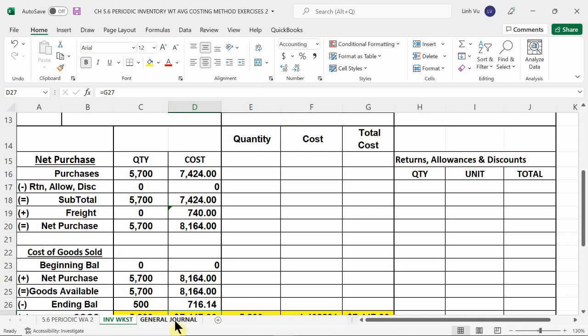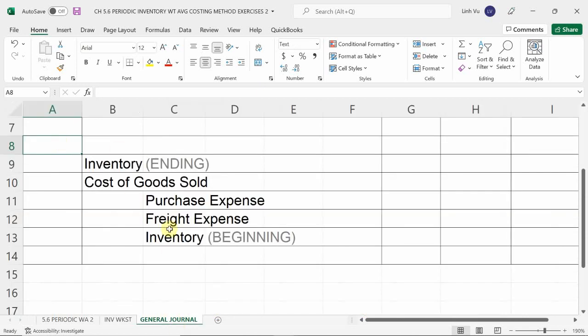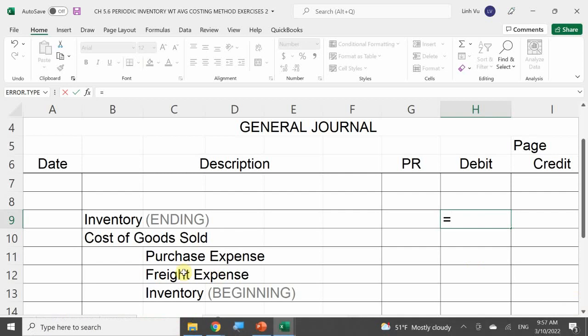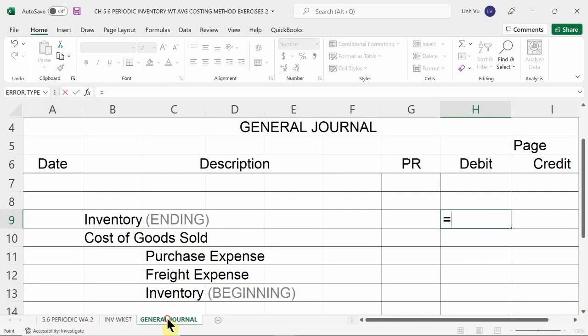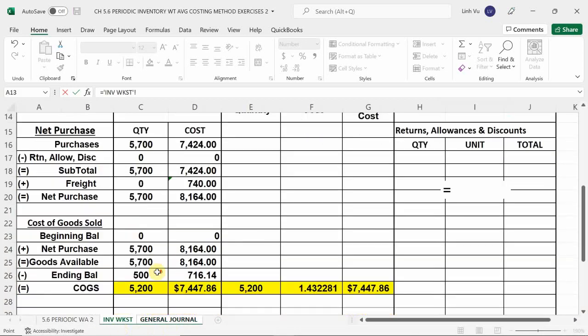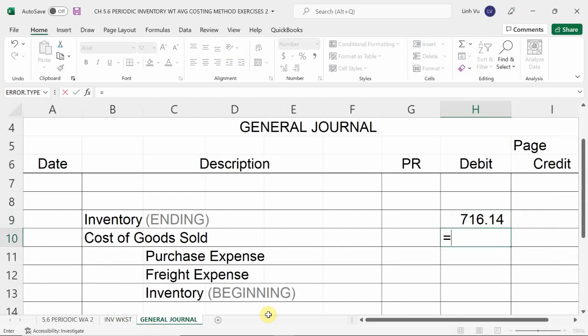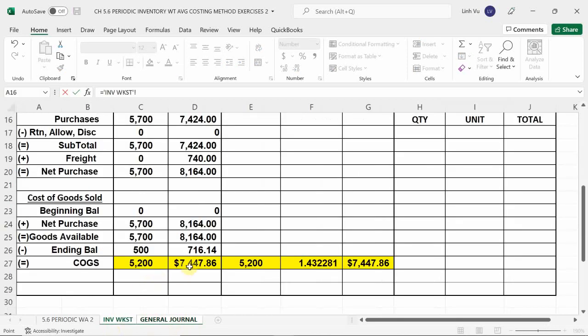So here I already filled everything in for you. What is my ending balance going to be? What was the total value of my ending balance? $716.14. Good. And then my total cost of goods sold. $7,447.86.